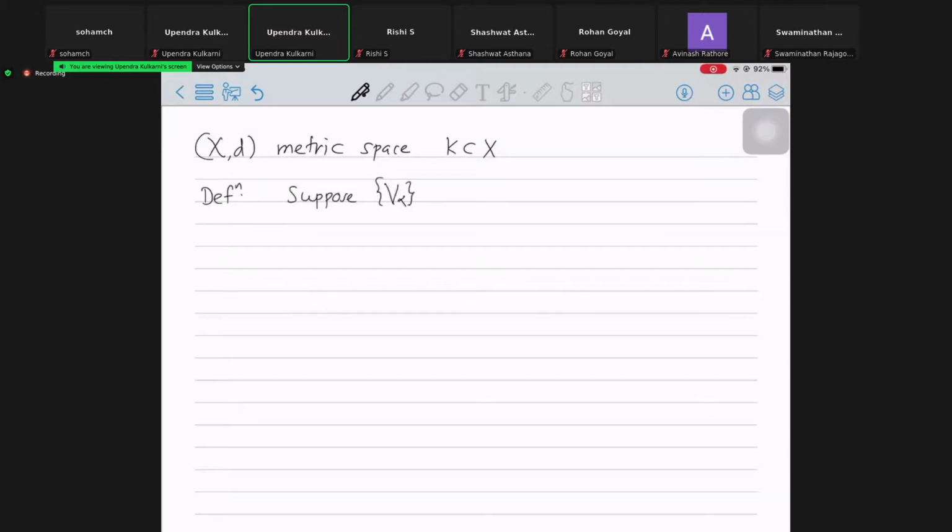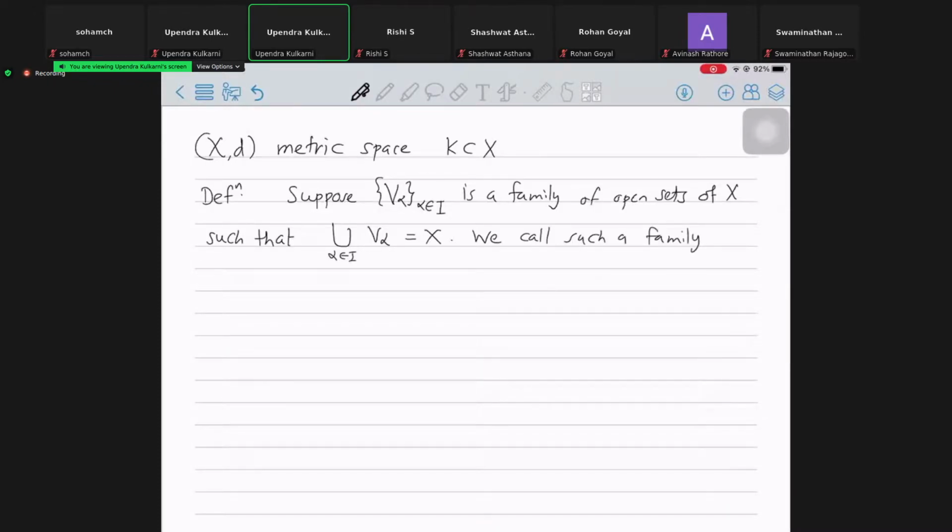So suppose I have a family of open sets indexed by some index set I. Okay, so an open cover of X is just a bunch of open sets whose union is X.